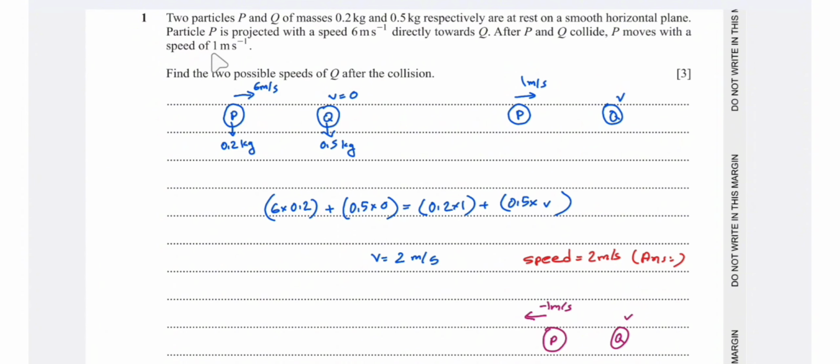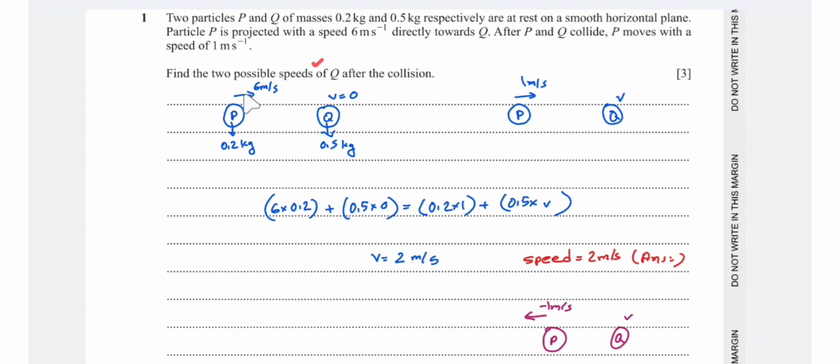Now, here we have been given the values for speed, so these values are speed and not velocity. So this is the initial condition, and after the collision, let's consider the speed of Q as v. The speed of Q is v in both situations, but since we have been given the speed of P, that is 1 meter per second, and speed has no direction, P has a speed of 1 meter per second in this direction, and also 1 meter per second in the other direction.